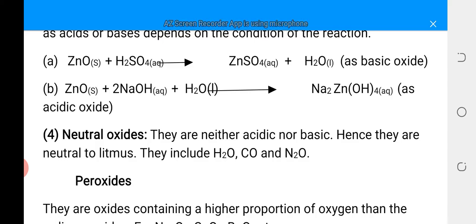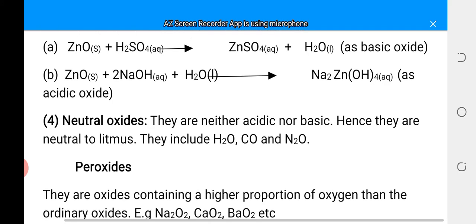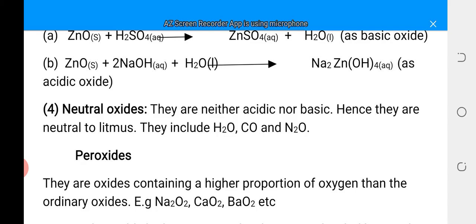So moving forward, we also have what we call peroxides. As we know, oxides are formed when some other elements react with oxygen. Now, if it happens that some oxide contains a higher proportion of oxygen than the ordinary oxides, they are called peroxides, like Na2O2, sodium peroxide, calcium peroxide, barium peroxide.